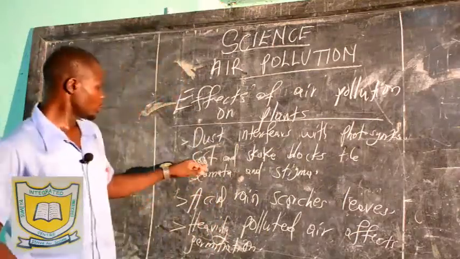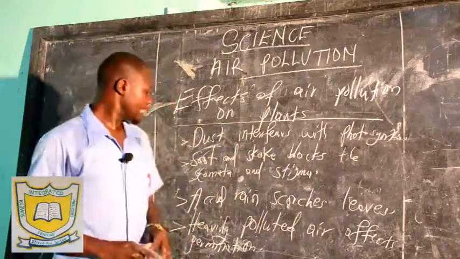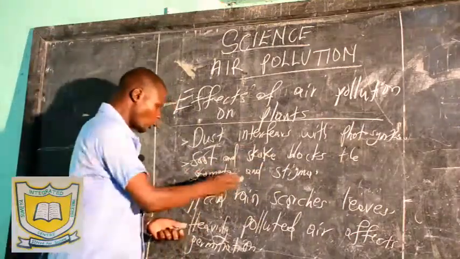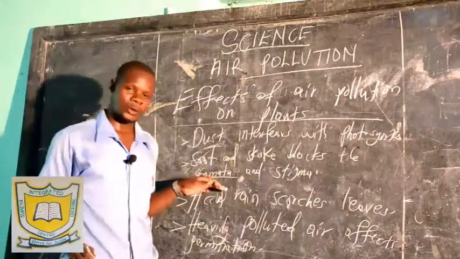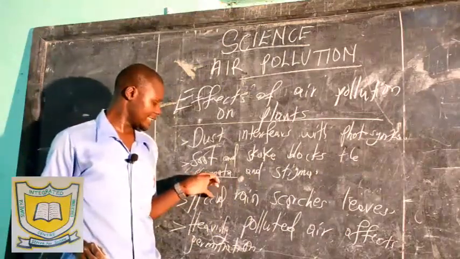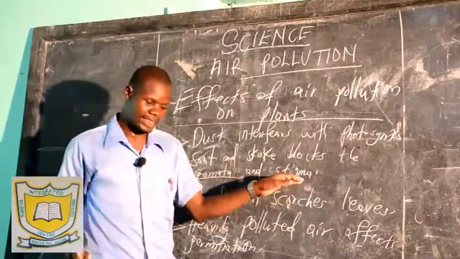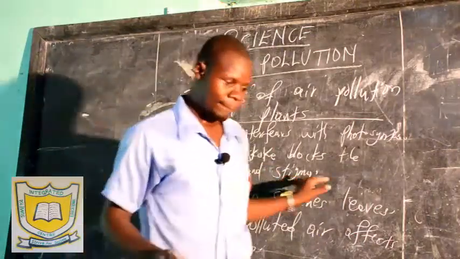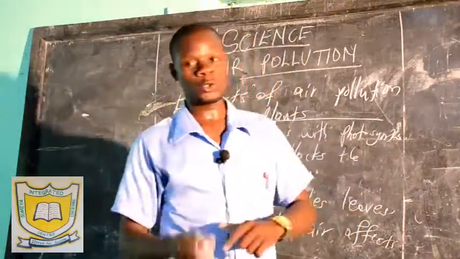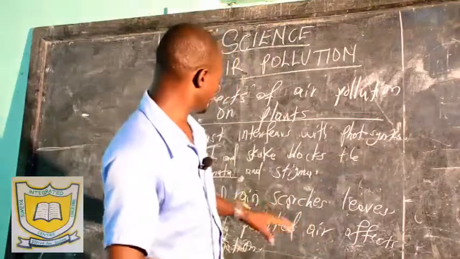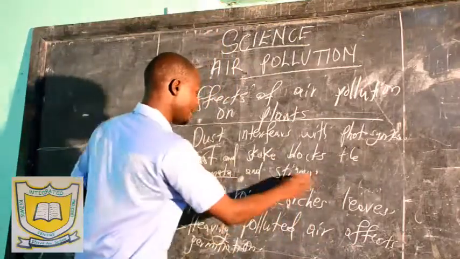Number two, soot and smoke block the stomata and leaves. Stomata are small openings on plants. You understand? This one assists in transpiration. We also have stigma. When the stigma is blocked, fertilization will not take place because you know the pollen grains have to go to the stigma before they germinate in the pistil, in the style I mean.